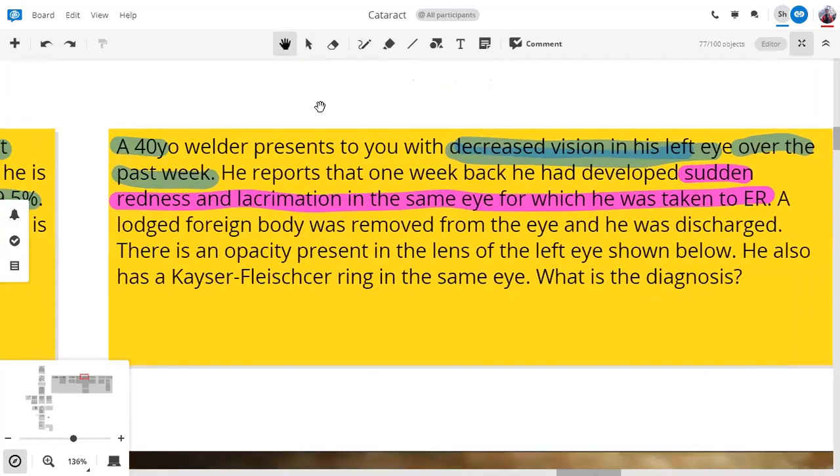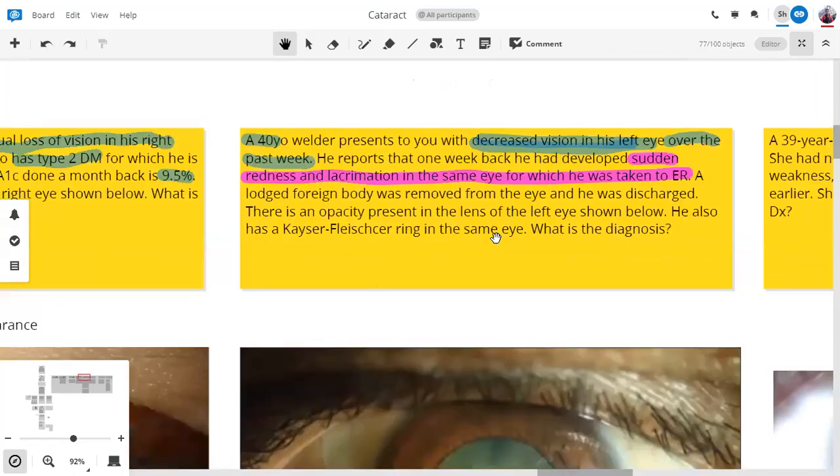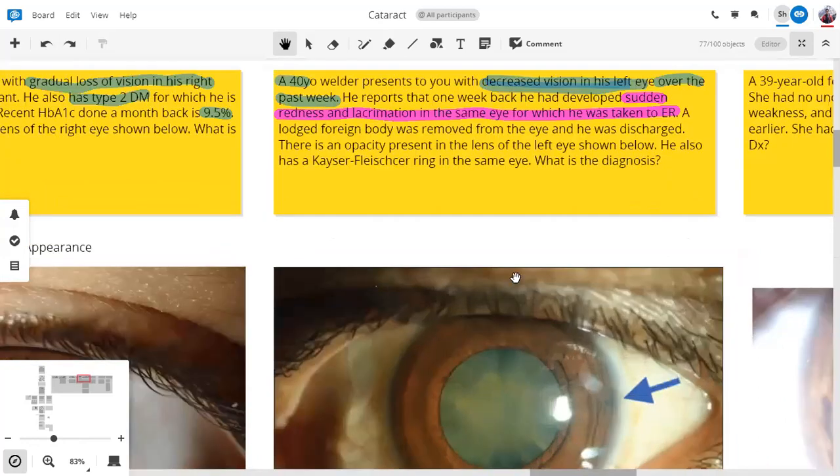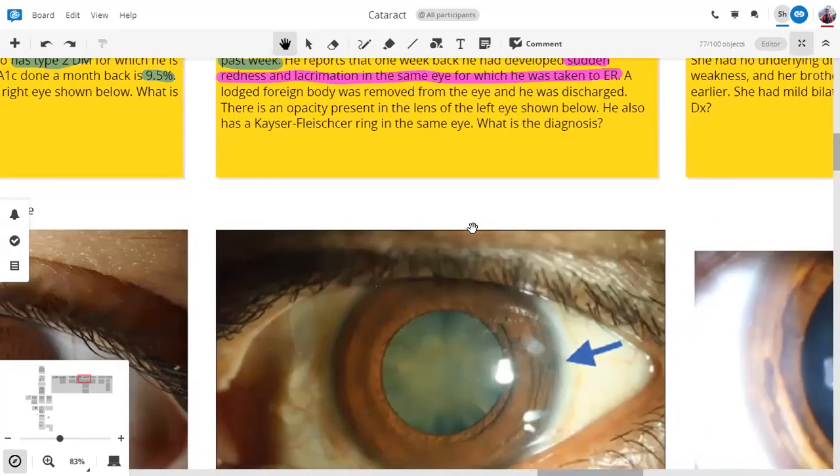Chalcosis. Yes. Now that is good. You both are correct in some sense, in that sunflower cataracts can also occur in Wilson's disease.